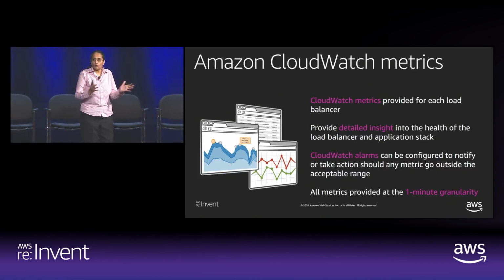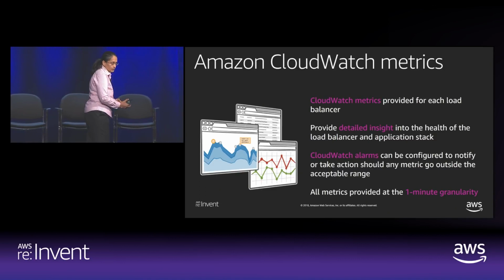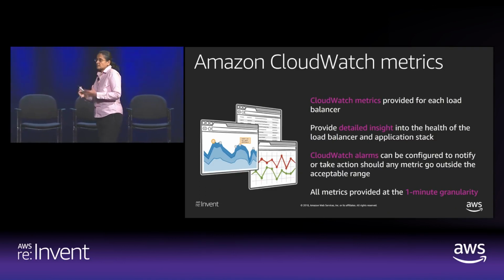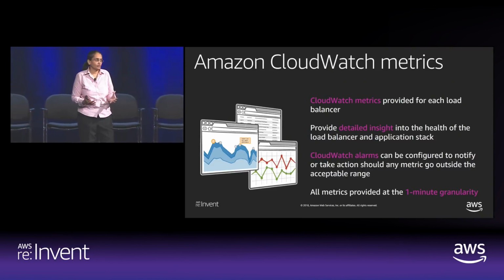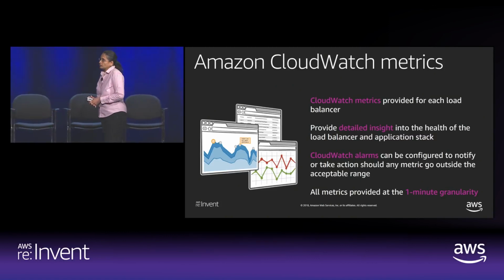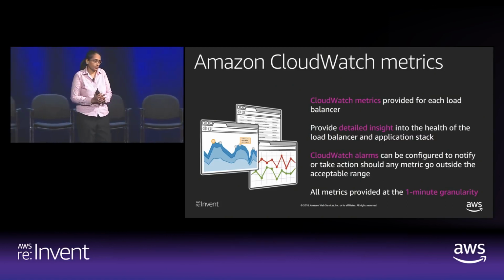So this gives you an overview of how your traffic is flowing, the health of your backends, your application health, and your load balancer health. You can set alarms if any of these metrics is not within the range that you expect it to be. One of the things that we're supporting now on the metric side is percentiles.